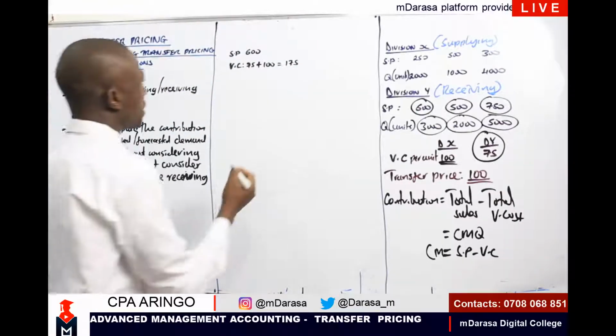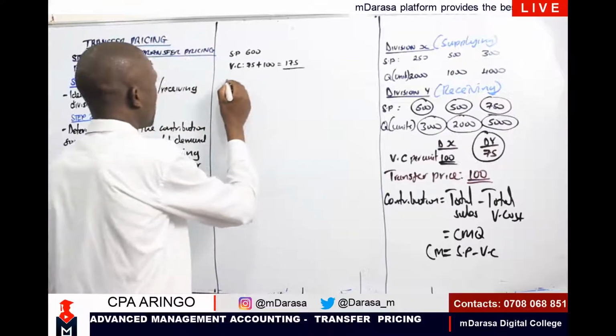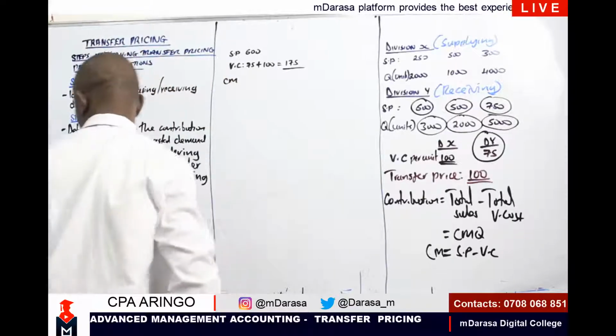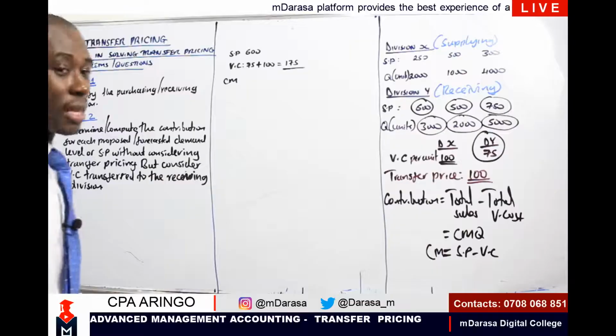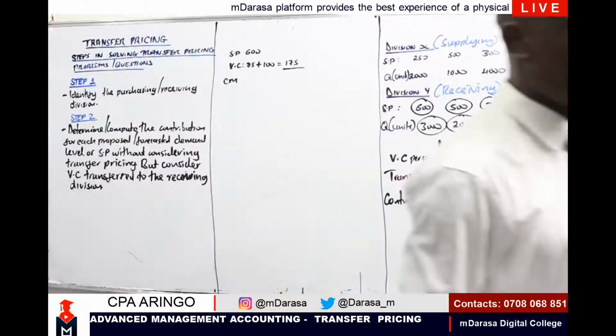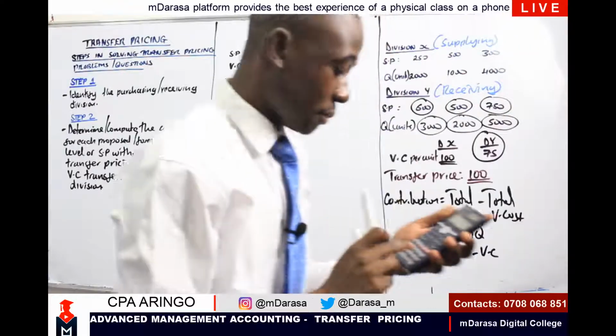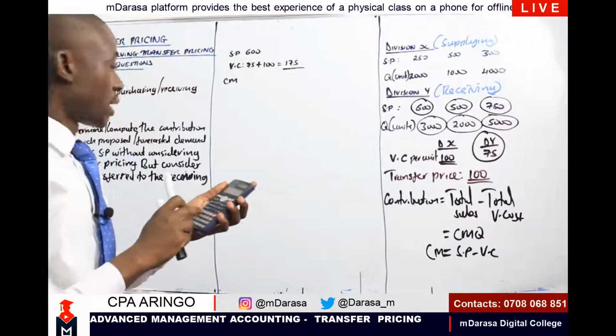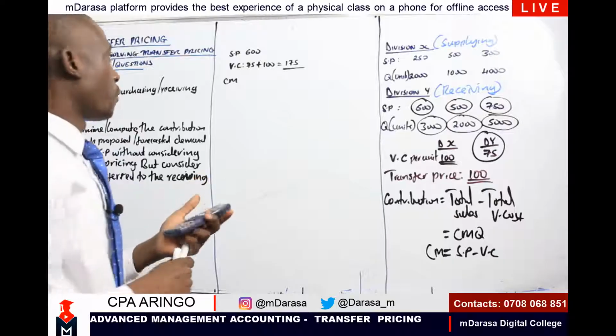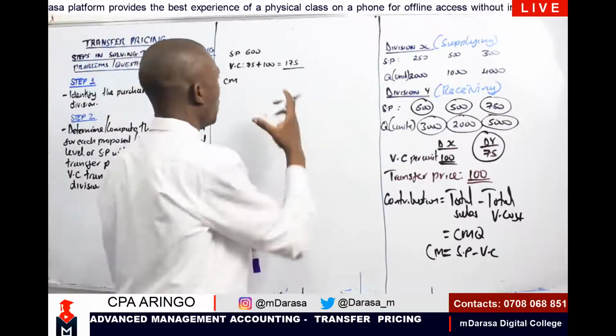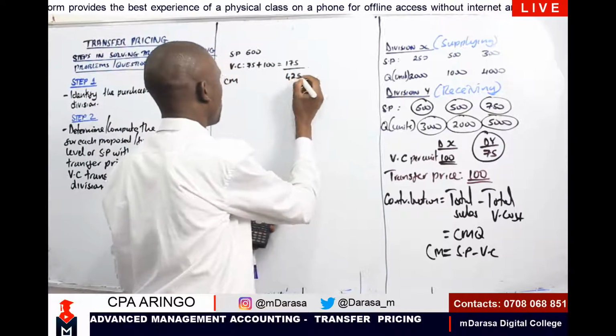So to determine my contribution margin here, that should be 600 minus 175, which will give me 425.